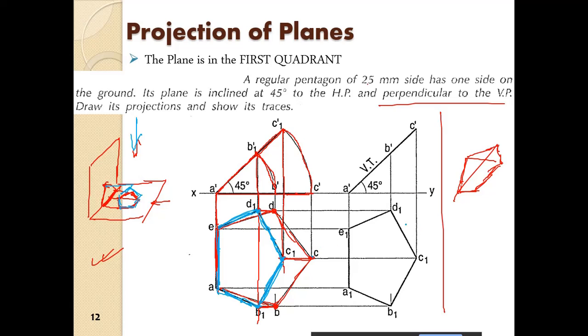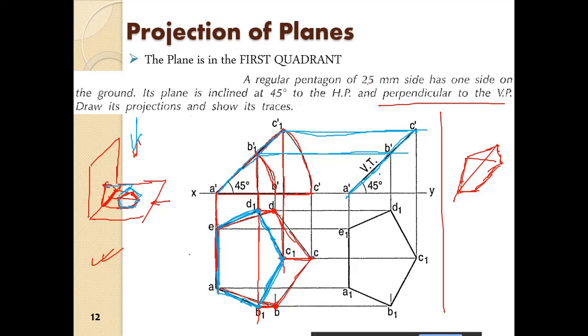Okay, another way of doing that is, once you obtain the vertical trace, you shift the vertical trace. So this is parallel to this one, you have shifted it up. All right, so you transfer the points B1 dash to B dash, C1 dash to C dash here. All right, and then this is the second step.